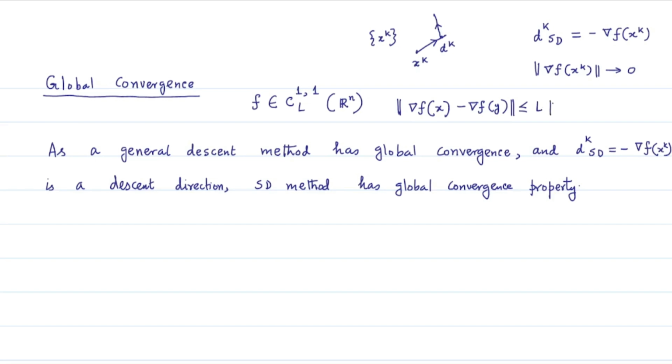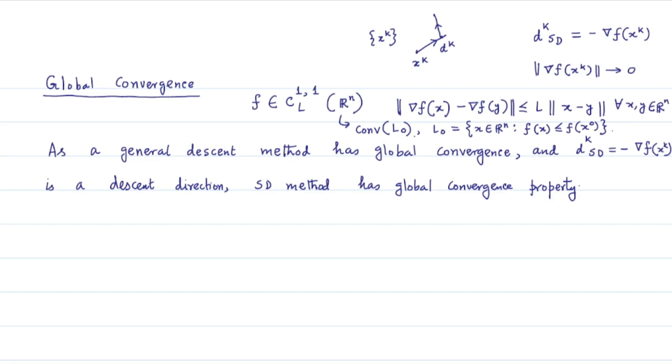So this inequality is true for the function f, provided it is true for every x, y in the n-dimensional Euclidean space, or even in a restrictive set. Instead of in this Rn, you could have also considered inside the convex hull of the initial level set L0. By the initial level set L0 we mean the set of points in Rn for which the function value is less than or equal to the function value at the initial point x0.